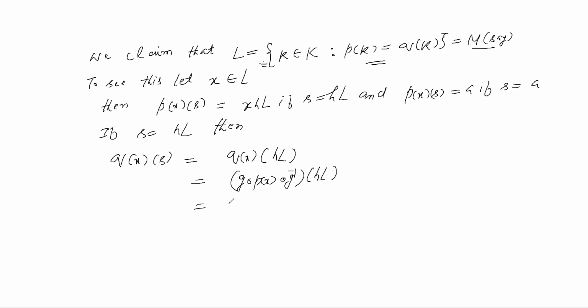So it is G composition P_X of this G inverse of HL. Now since G sends HL to HL, G inverse of HL is HL. So this is G composition P_X of HL.